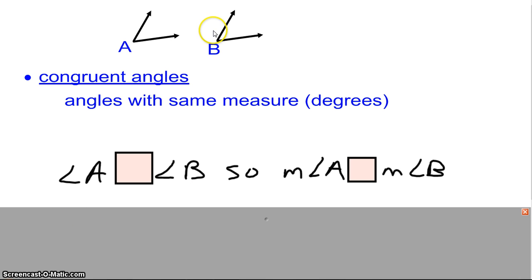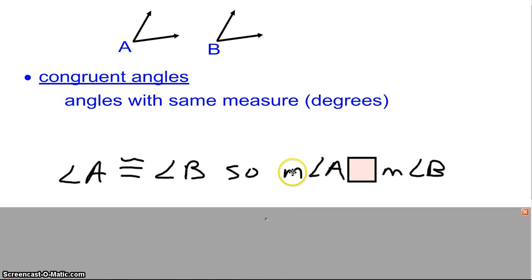Angle A and angle B are, what is it we just defined here? Congruent. Good. And do you remember what that symbol looks like? A squiggle on top. There it is. So an equal sign with a wave on top. They're congruent.